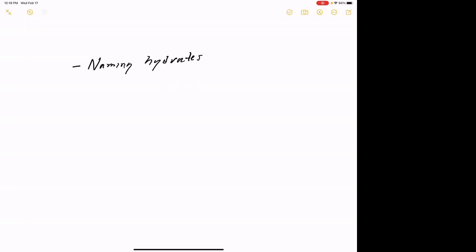The deal with a hydrate is that it's going to be an ionic compound with water in its formula. You're always going to have some number of water molecules in there, so I'll just put an X there to specify that. Water will actually be part of the crystalline makeup of the ionic compound.